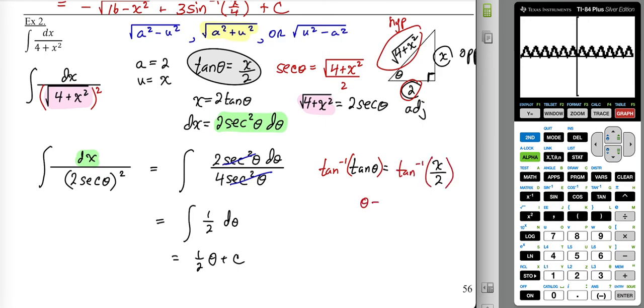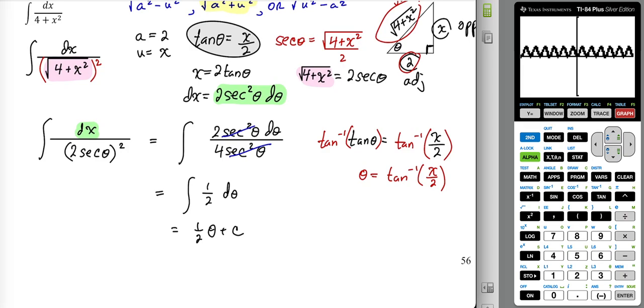And that'll give me theta equal to inverse tangent of x over 2. Alright, so now I know that my final answer ought to be 1/2 inverse tangent of x over 2, the whole thing plus c, and there it is.